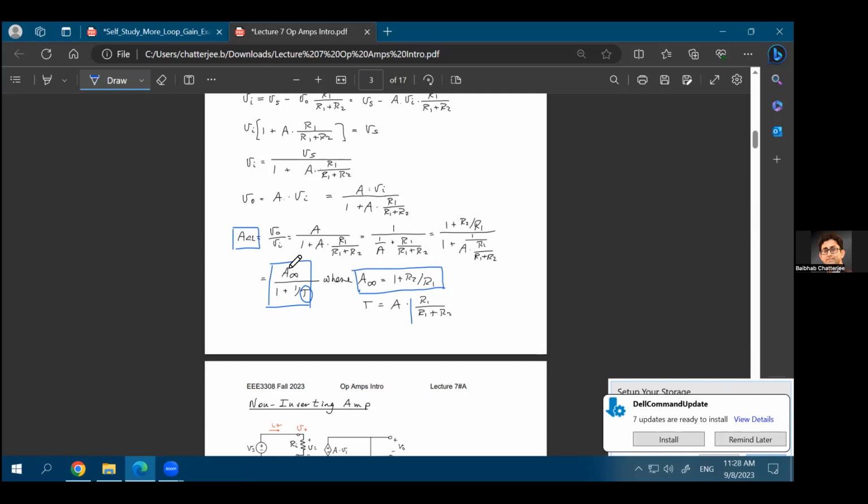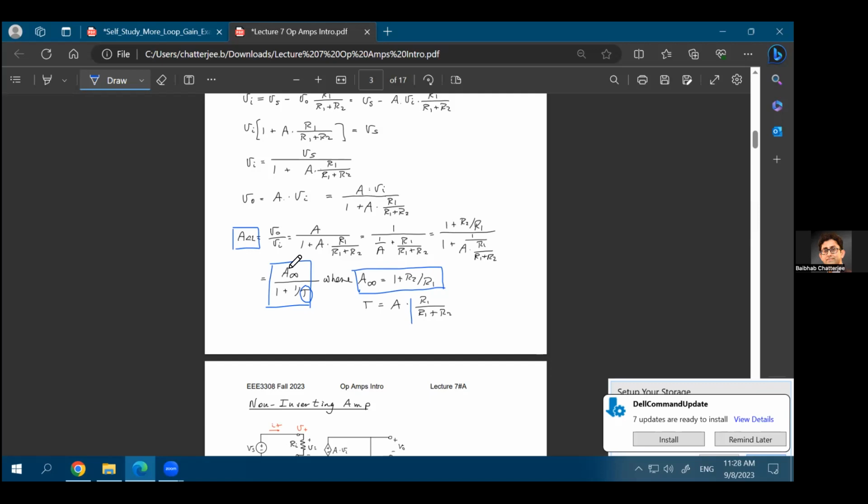That can also be represented as AOL, which says A open loop. In some books you'll see it written as AOL. And A closed loop is the closed loop gain.